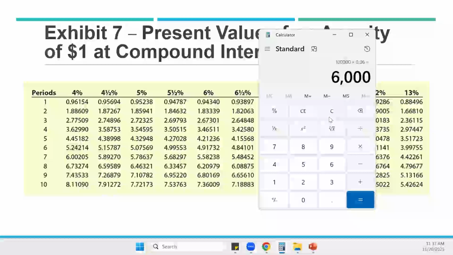And so we get $6,000 paid every 6 months. And we have to find the present value of 10 periods of the annuity at 6%. And that's 7.36009.